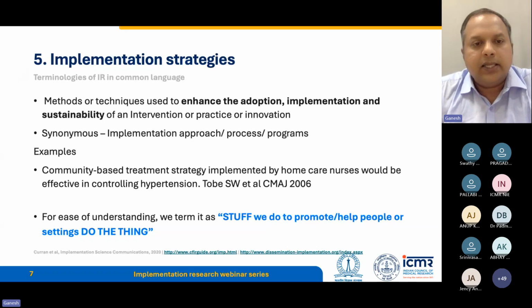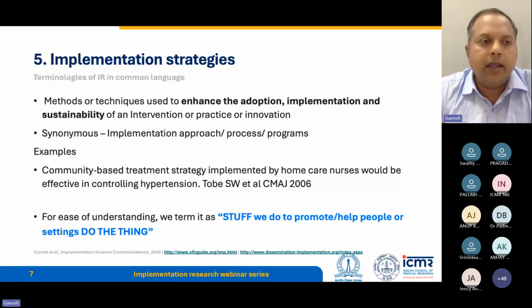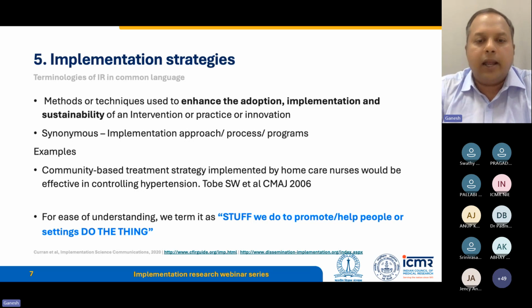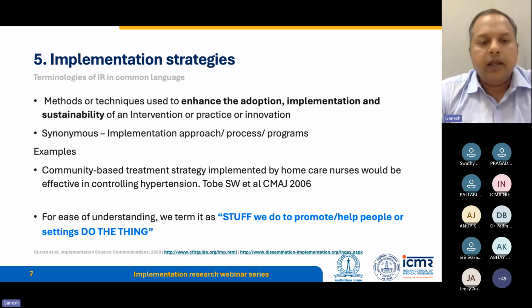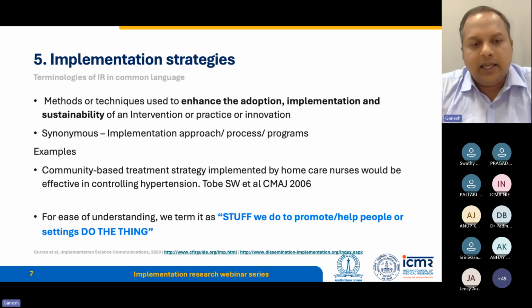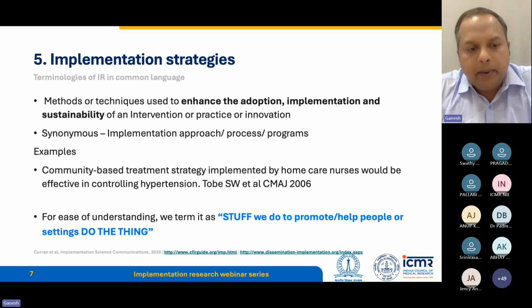More commonly, strategies. The example here is that a community-based treatment strategy implemented by home care nurses would be effective in controlling hypertension. This is one of the hypotheses proposed by a researcher. If you clearly see here, there is the stuff we do to promote the people or the settings do the thing.